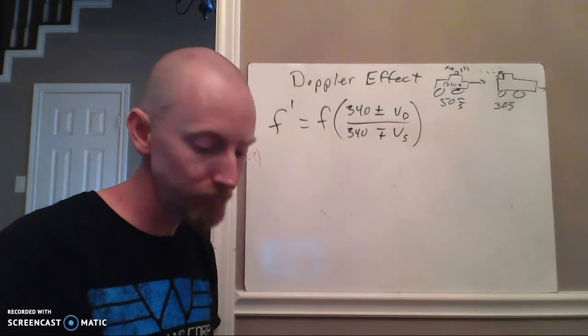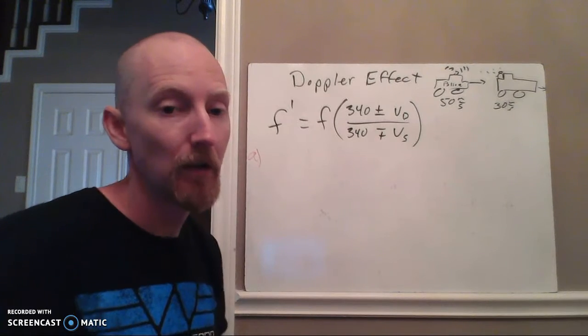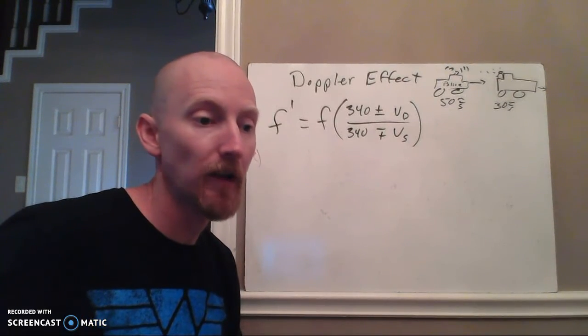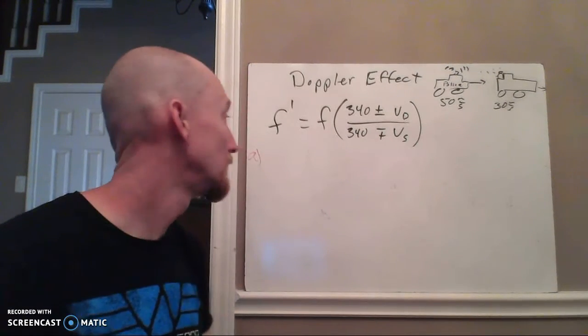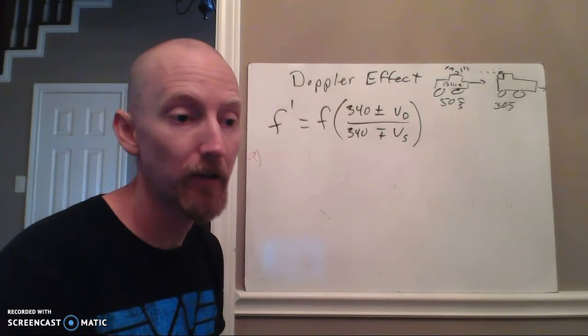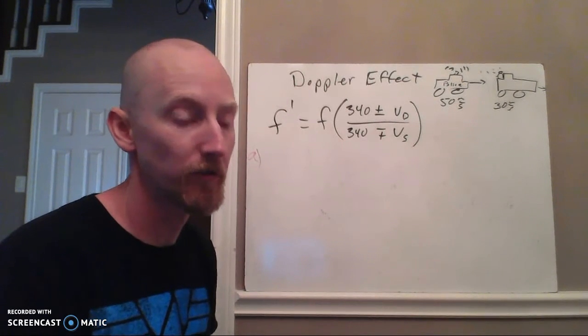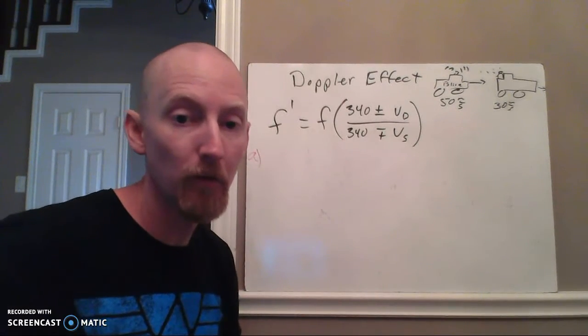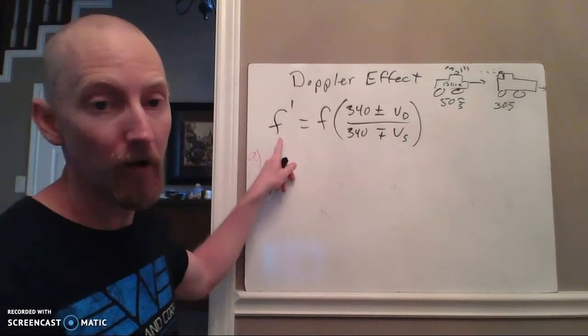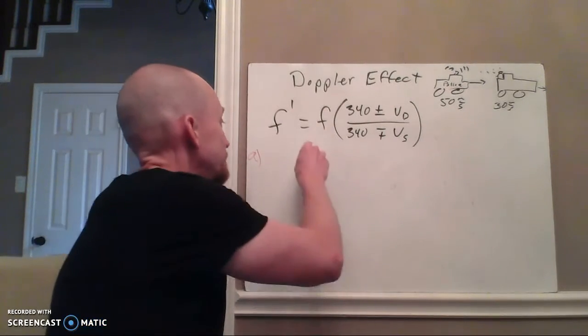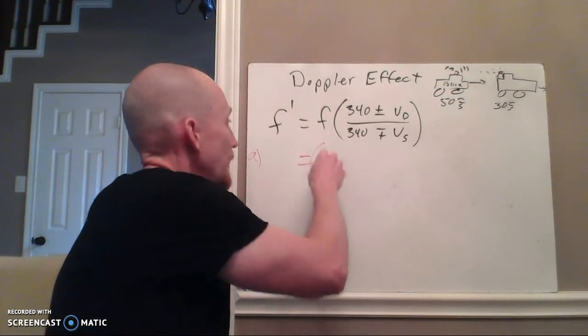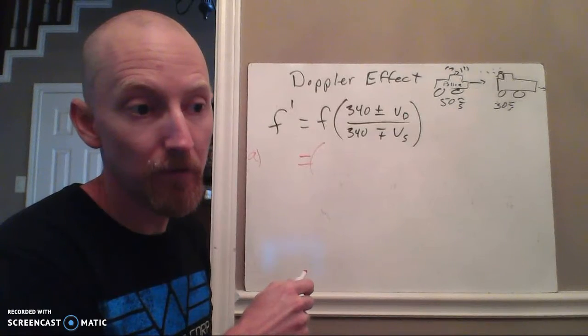So anyway, part A wants to know what would you hear if you were standing on the side of the road, right? So if you are a stationary observer standing on the side of the road, what would you hear? So we're looking for F prime. Okay. F is the actual frequency.